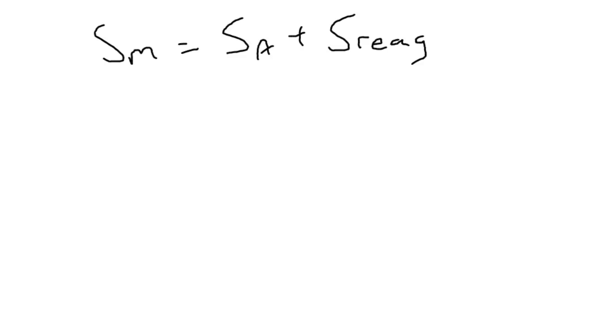If we have something where the measured signal depends just on the analyte and the reagents, then we can simply measure the reagents in the absence of the analyte, do something called a method blank, and then just subtract it. If something's free from interference, so the signal is only due to changes in the analyte concentration, then we can say it's specific. But normally we do have an interferent.